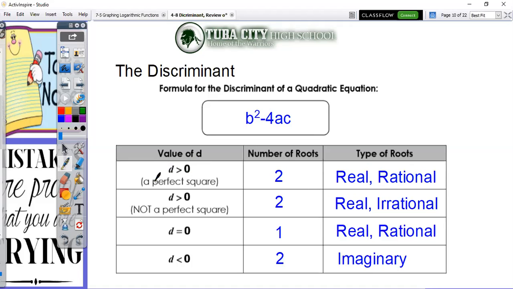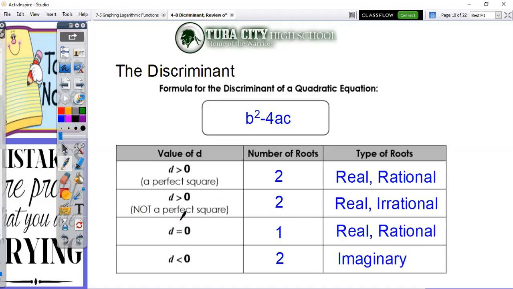But that's if it's a perfect square. If your discriminant is positive but is not a perfect square, so if it's any number other than, say, 1, 4, 9, 16, 25, 36, then it will be an irrational root, but there will still be 2 of them.